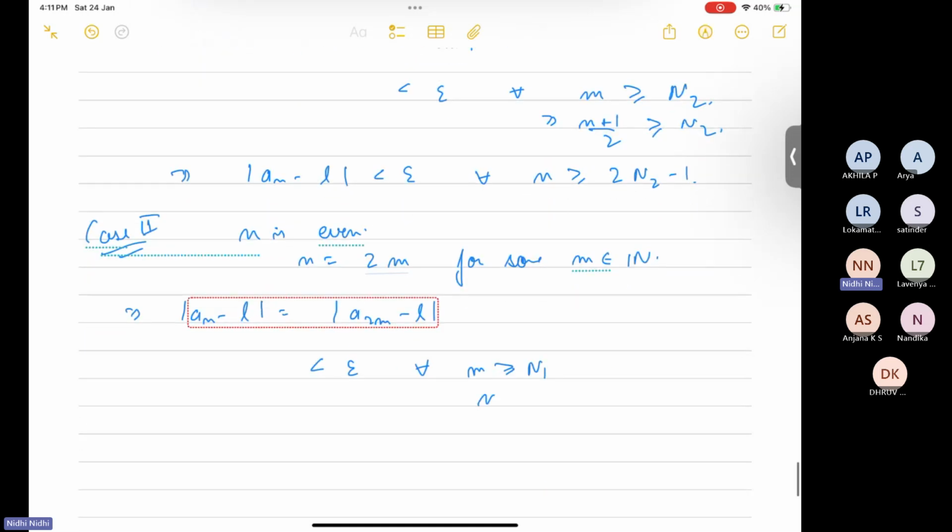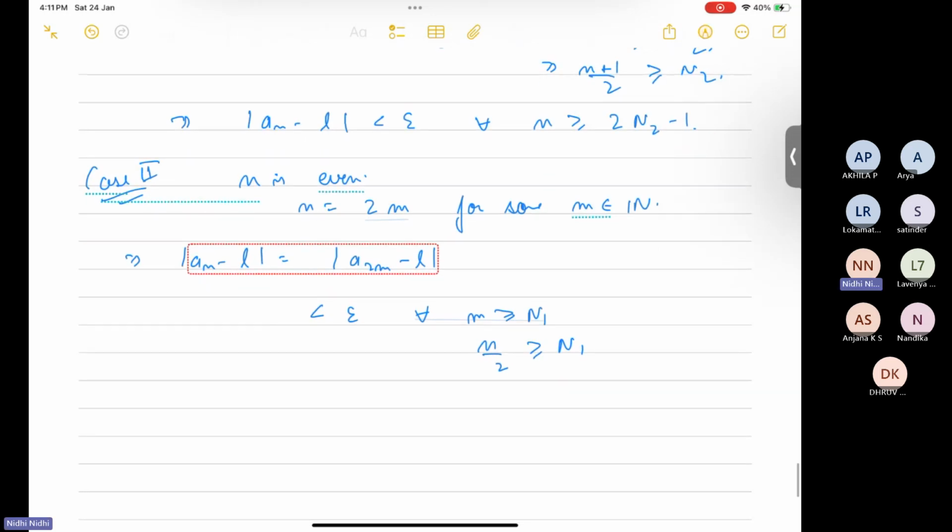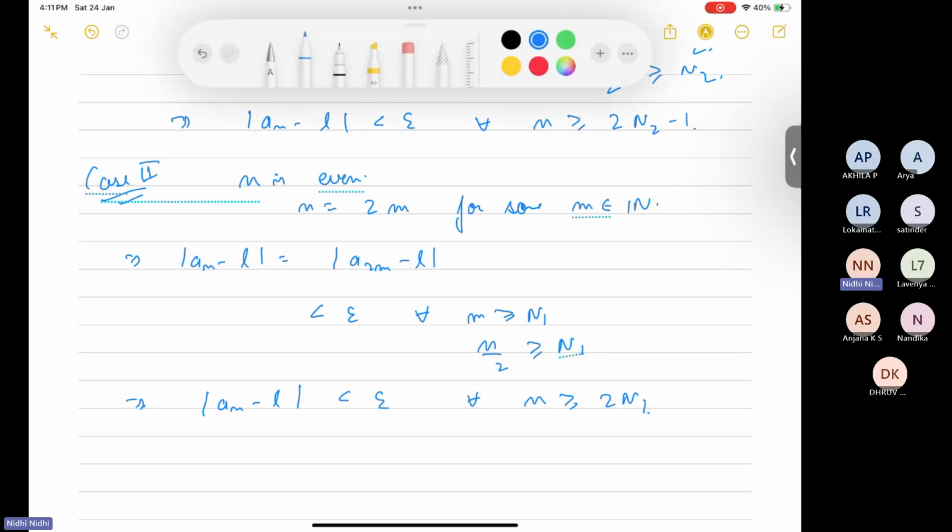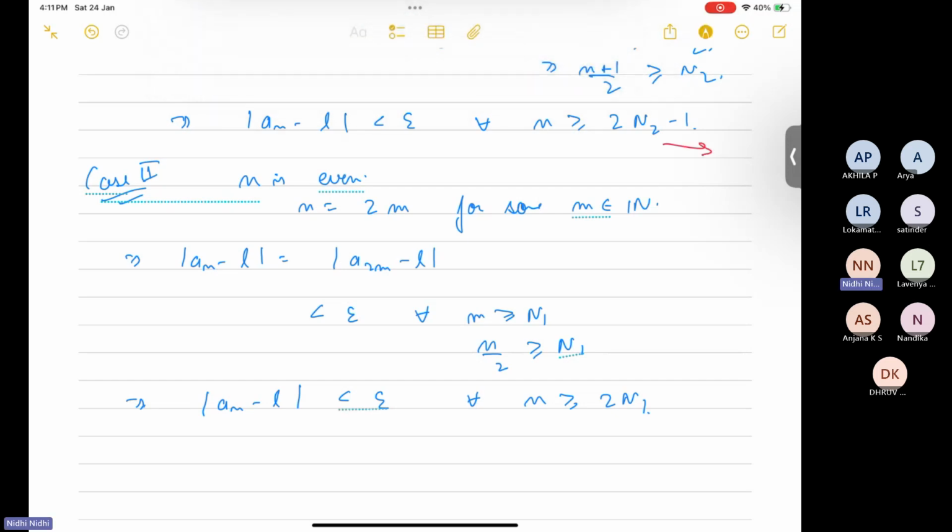That means n by 2 is greater than or equal to n1, which implies mod a_n minus l is strictly less than epsilon for all n greater than or equal to 2n1. Now let's mark this as equation 1 and this one as equation 2.